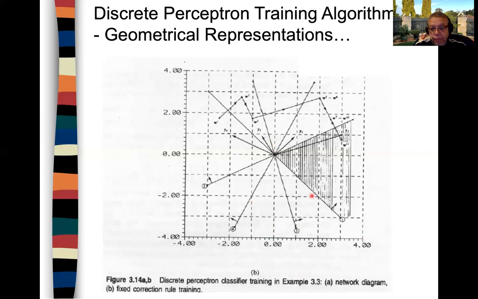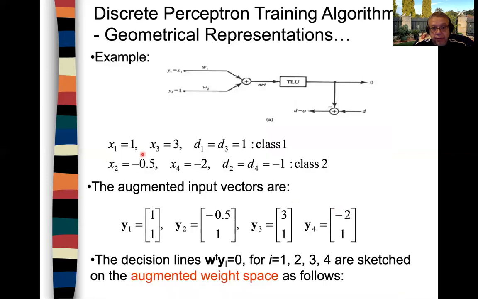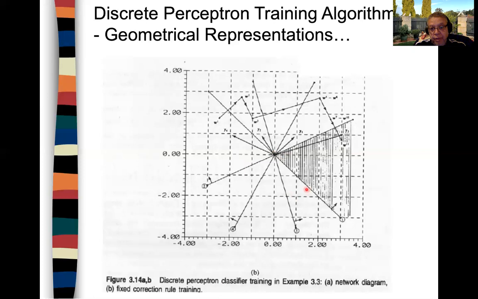And again, for pattern number 1, I know that it belongs to class 1, so my solution is in this area. Pattern 2 belongs to class 2, so my solution is in this area. Pattern 3 belongs to class 1, so the solution is in this area, and so on. And then, just like what we've done before, we can show that the weight solution is in this area here.